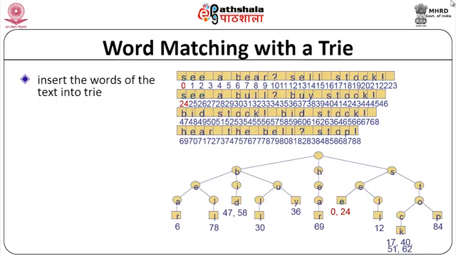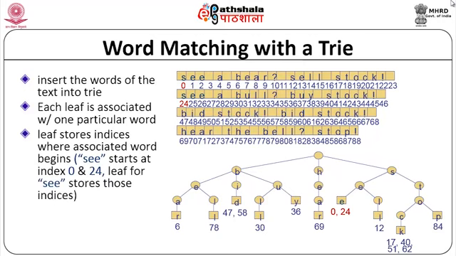Now, if you want to insert words in a trie, you may have the same words coming, then what do you do? So, insert the words of the text into a trie. Each leaf is associated with one particular word, as usual in a trie. The difference here is that the leaf stores indices whose associated word begins where it begins. Instead of actually having the word there like we had before, we will have the indices of where the word is starting.